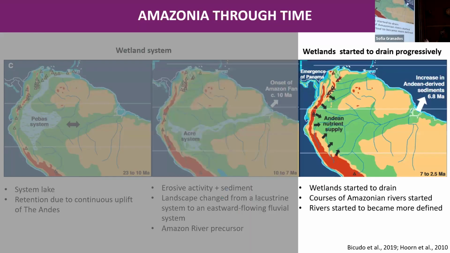Then, after we started having this flow of water, the wetlands that were here started to drain. This was a very slow process. They started draining very progressively, and this is when the courses of the Amazon rivers started to form, and the rivers started to become a little bit more defined.